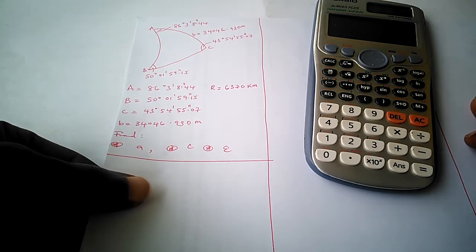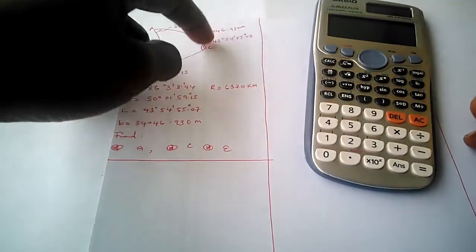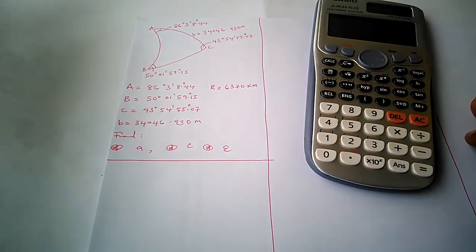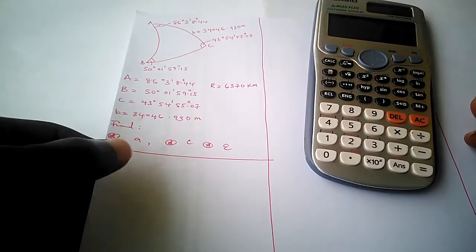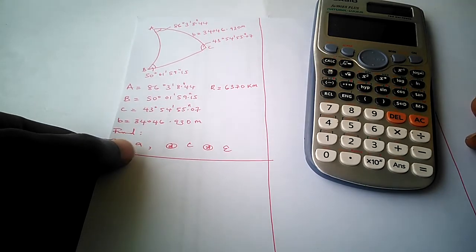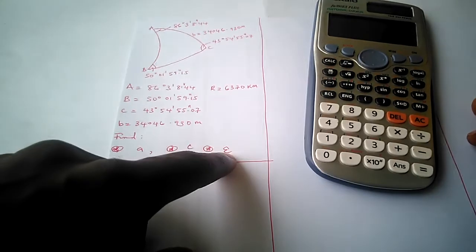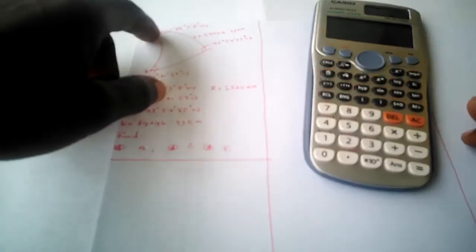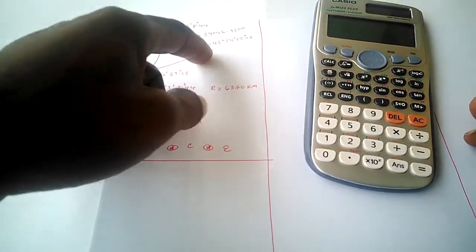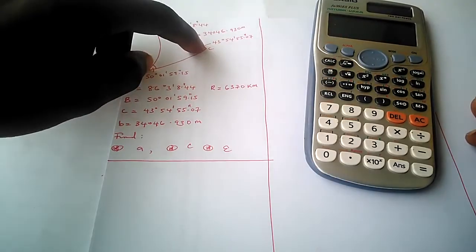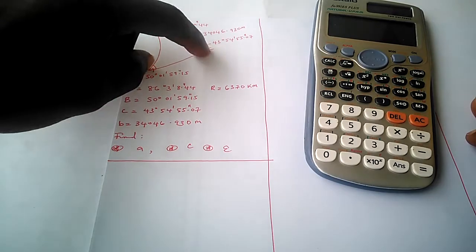That's the foundation we need to lay, because somebody might ask, why don't we just add the three angles, and if they are more than 180, subtract 180 from it? Why can't that be our spherical excess? No, the spherical excess E must be computed, and we are going to compute it in this video. If you look at the sides of this triangle, they are not straight, they are not plane lines, they are arc lines.